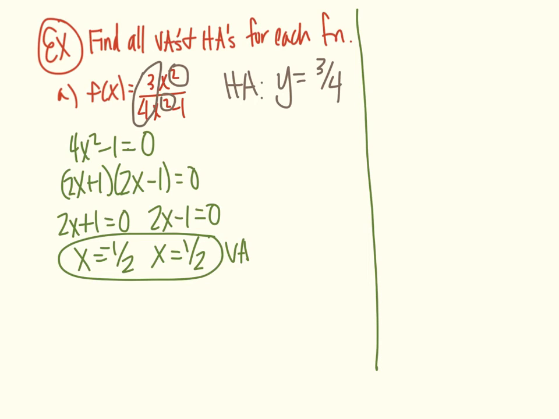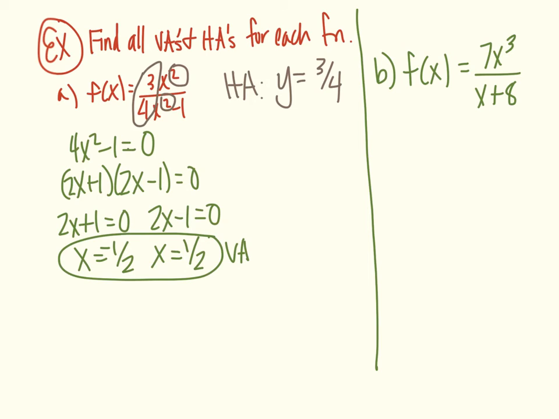Let's do another one. f of x equals 7x cubed divided by x plus 8. You're probably not super familiar with the horizontal asymptote rules yet, so you will probably need to look back at your notes and see what matches this situation.